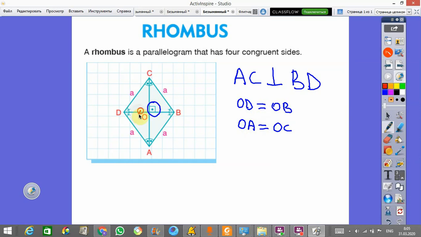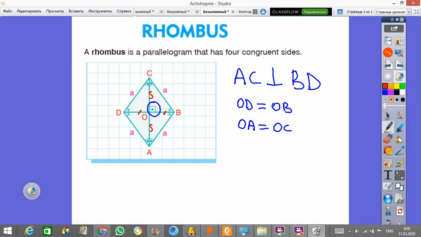The OD is here and OB is here, the OA is here and OC is here. So diagonals divide each other into two equal parts.